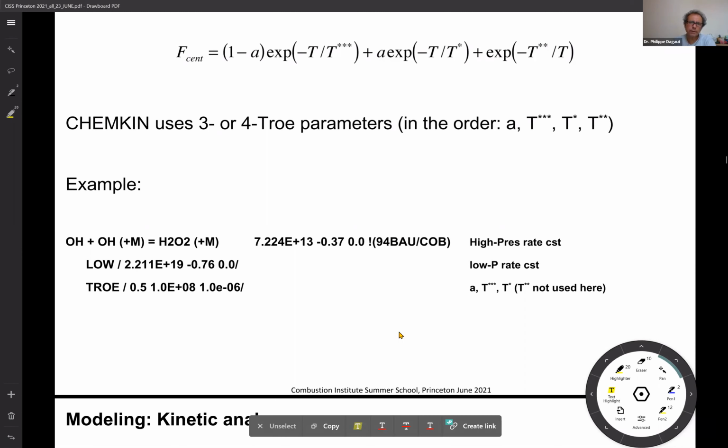So this allows to much better fit the experimental data than the simple Lindemann-Hinshelwood formalism.